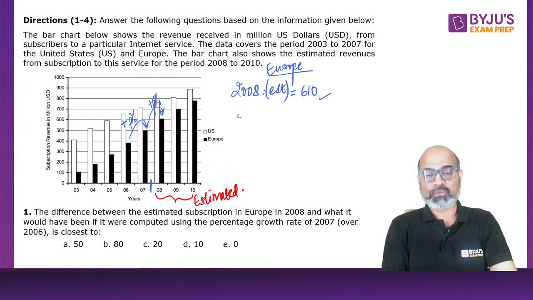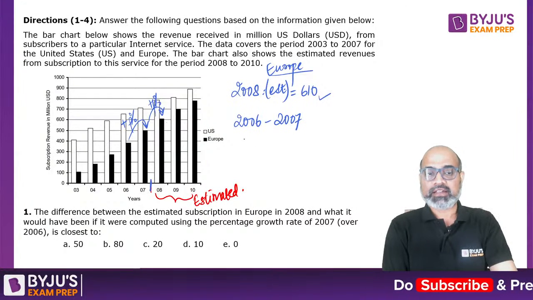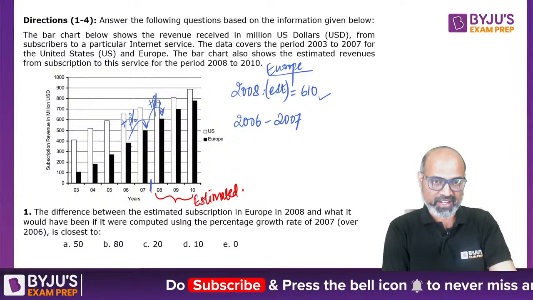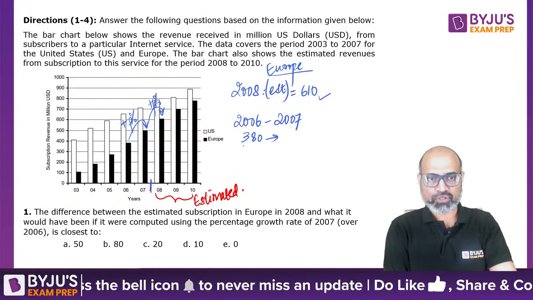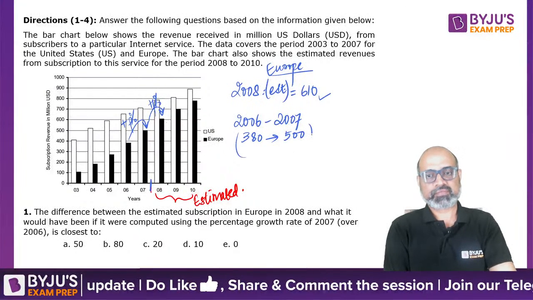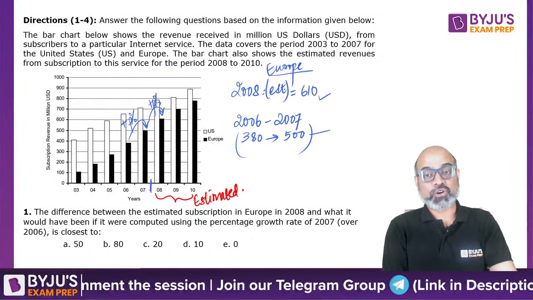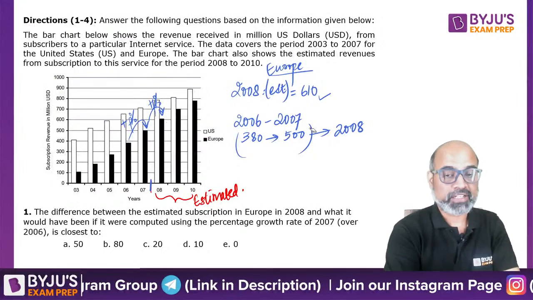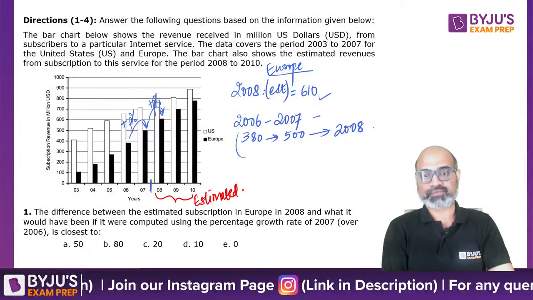So of course, from 2006 to 2007, the value grew from 380 to 500, right? If the same percentage growth happened from 2007 to 2008, what value will it result in? That's the question.